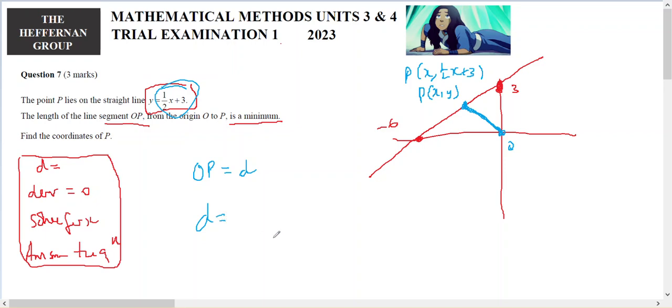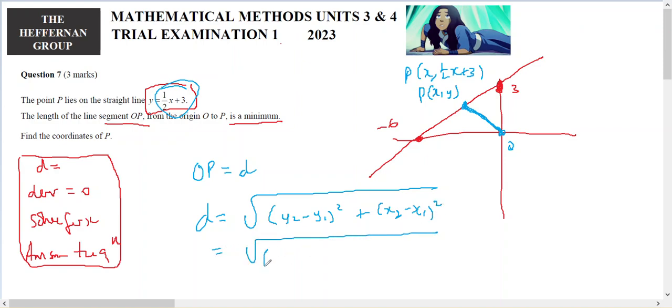So D will equal, I'm going to use the distance formula, which will be y2 minus y1 squared plus x2 minus x1 squared, which will be the square root of y2 is a half x plus 3 minus 0 squared, because this is y2 at 0, 0, plus x minus 0 squared.